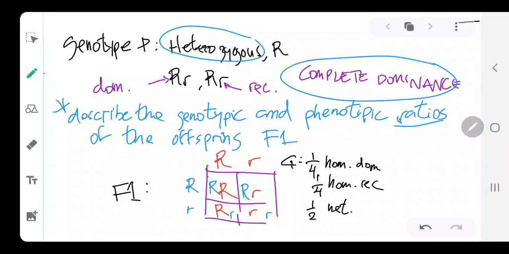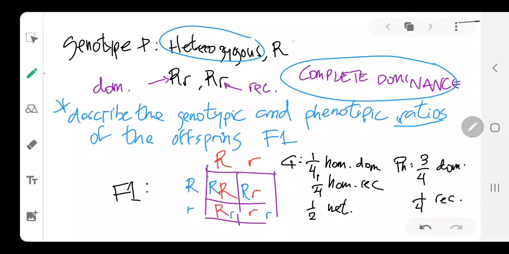Now, what about the phenotypic ratios? Because this is complete dominance, 3 out of the 4 are going to show the dominant trait, and 1/4 is going to be recessive. I mentioned this trait was going to be something visual, and maybe hair waviness is the easy one.